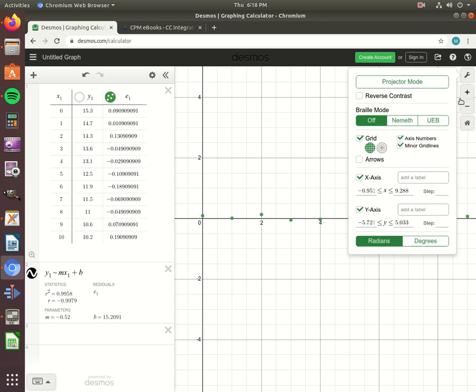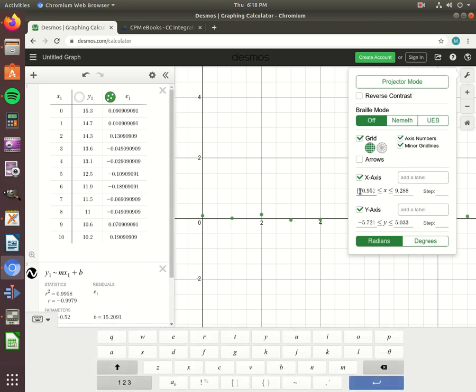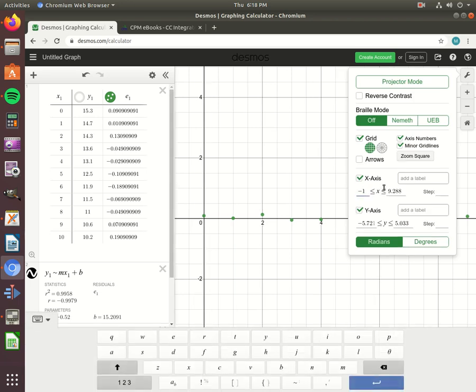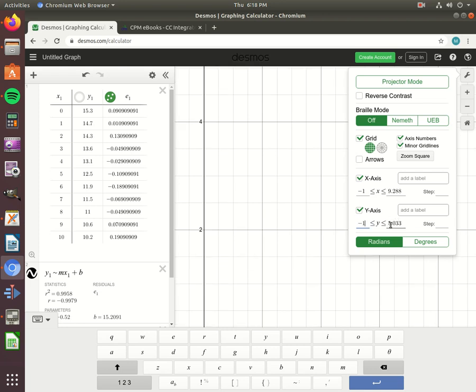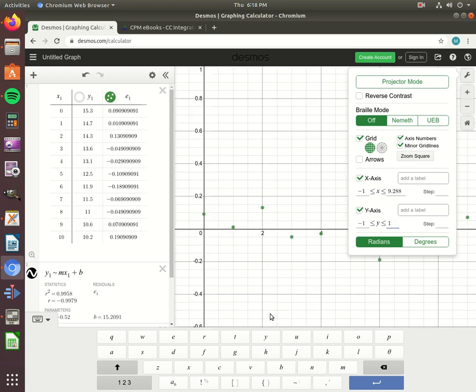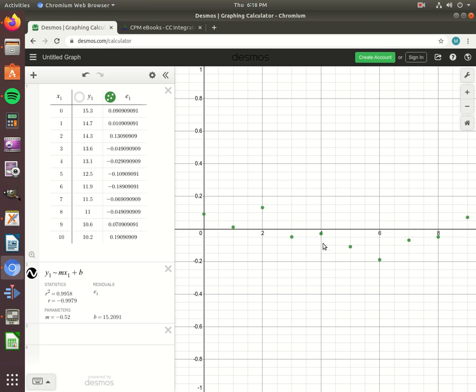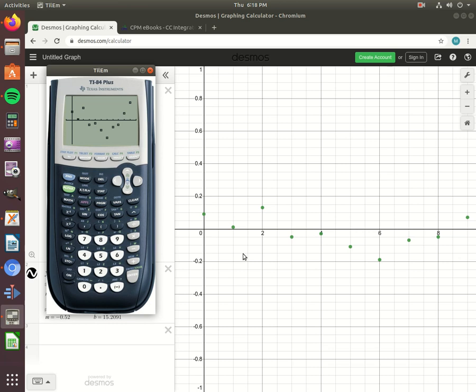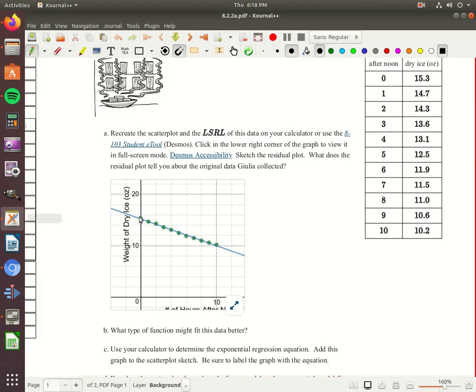But what I could do is change my y-axis to go from -1 to +1. Oh, shoot. I did the x-axis. Whoops. Anyways, I could make the y-axis go from -1 to +1. And I think that looks a little bit more clear. You get that same residual plot telling us that there is a pattern, so a line is not a great fit.